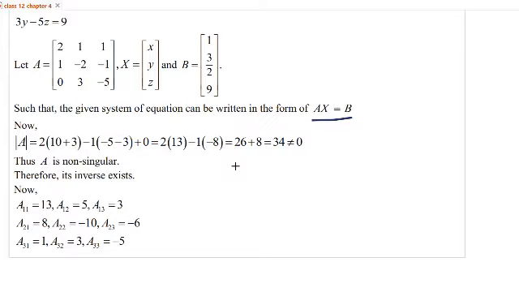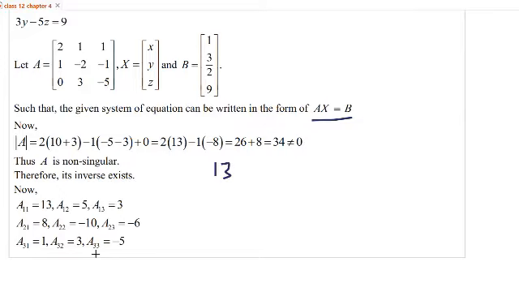Now we'll find cofactors so that we can compute the adjoint, and later on A inverse. So A11: hiding this element by column and row, I'll get 10 plus 3, that is 13. The cofactors are already mentioned here.